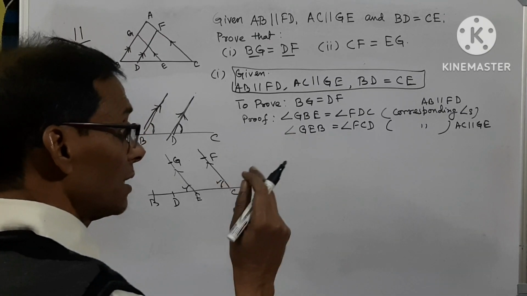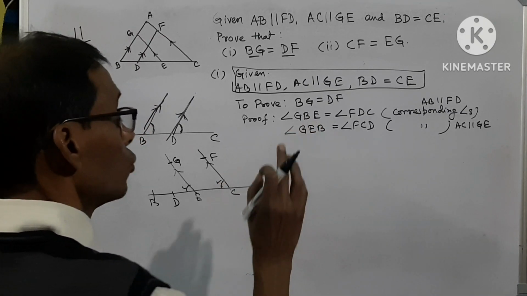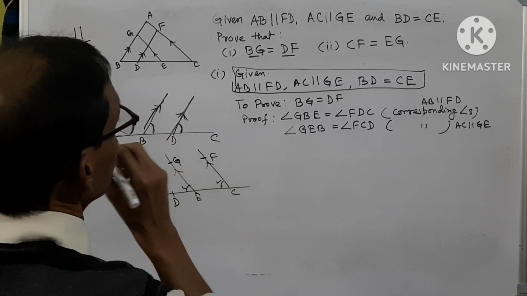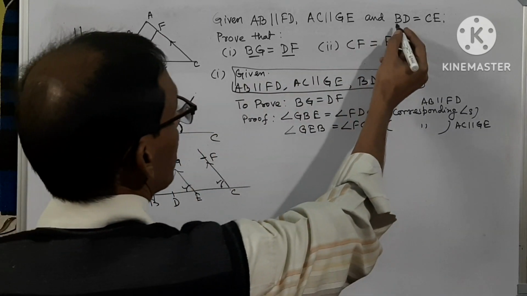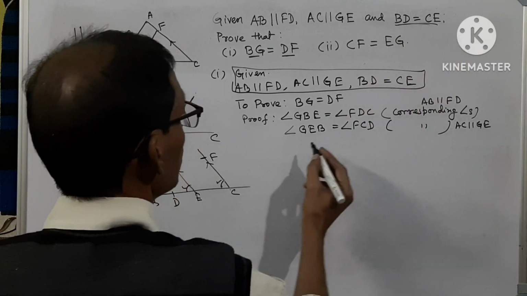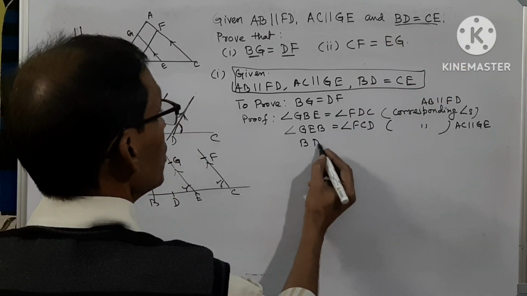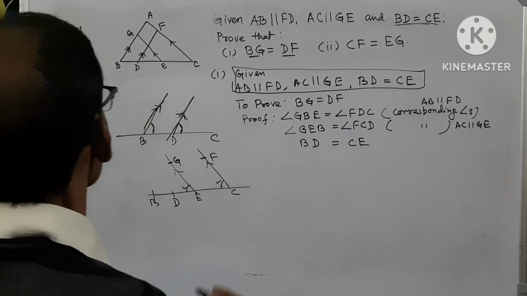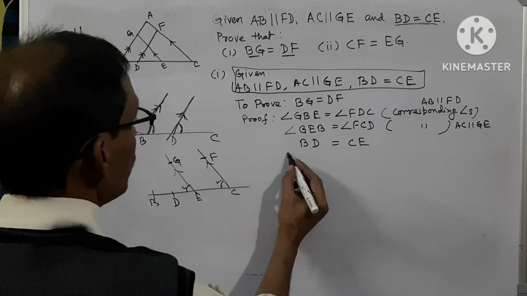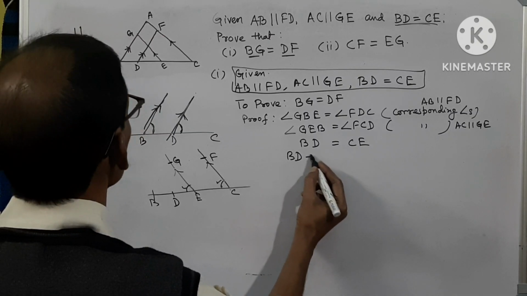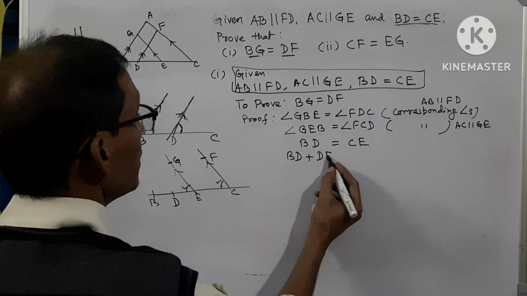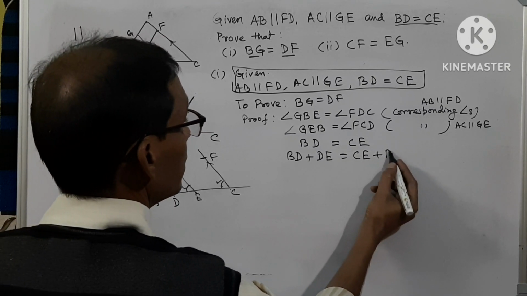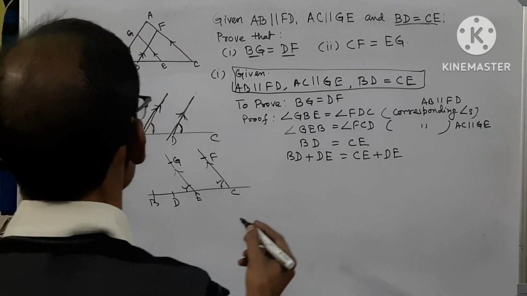And one more criterion you need. Two angles you got, one more we need. What can we do? Only BD equal to CE is given. So if you add DE with BD, and with CE also you add DE, then see what happens.